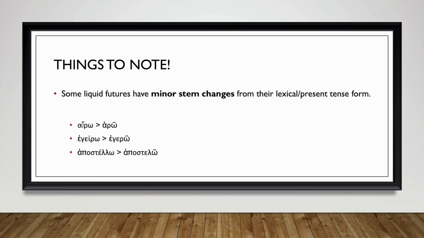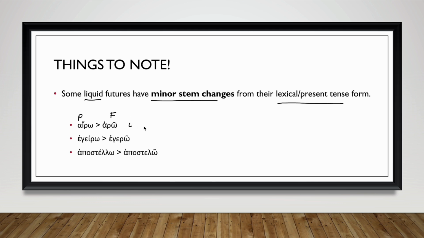Further, some other things to note about the future of liquid verbs. Some liquid futures have minor stem changes. So we learned the lexical or the present tense form. What we see with some of these liquid verbs is that the present form or the lexical form is quite different from the future form. So what happened here?